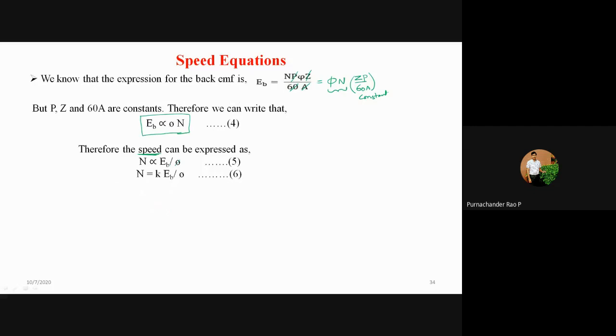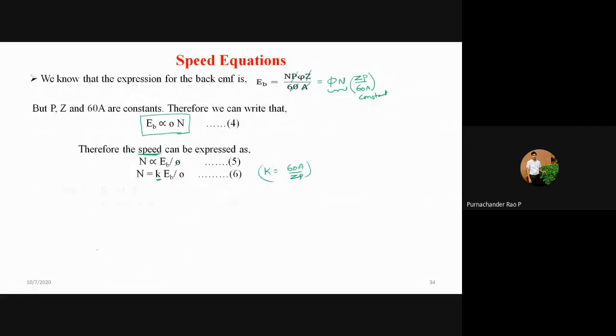That means the speed is directly proportional to the back EMF and inversely proportional to the flux developed by the motor. The proportionality constant is K, which is given as 60A divided by ZP. So this is your constant.